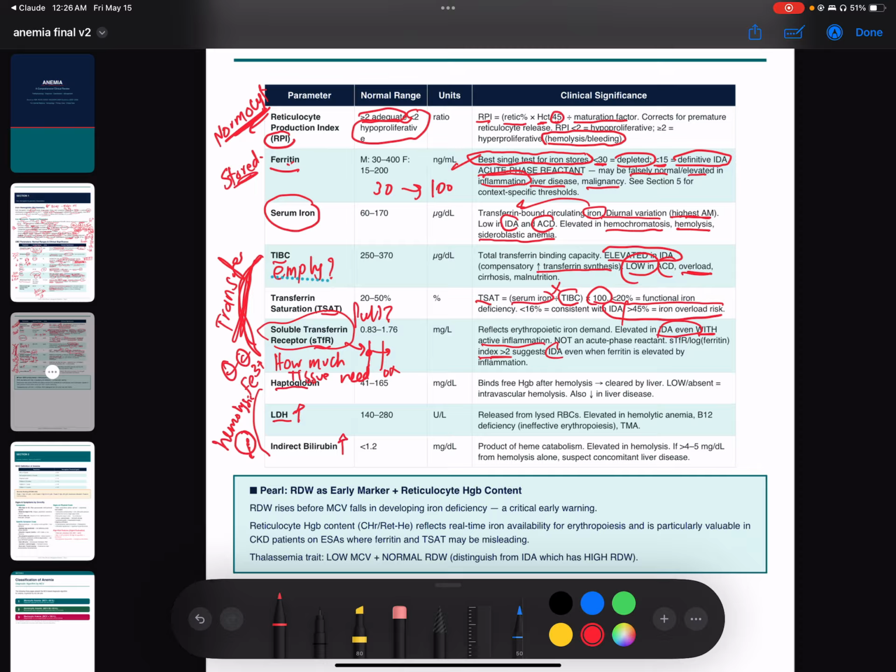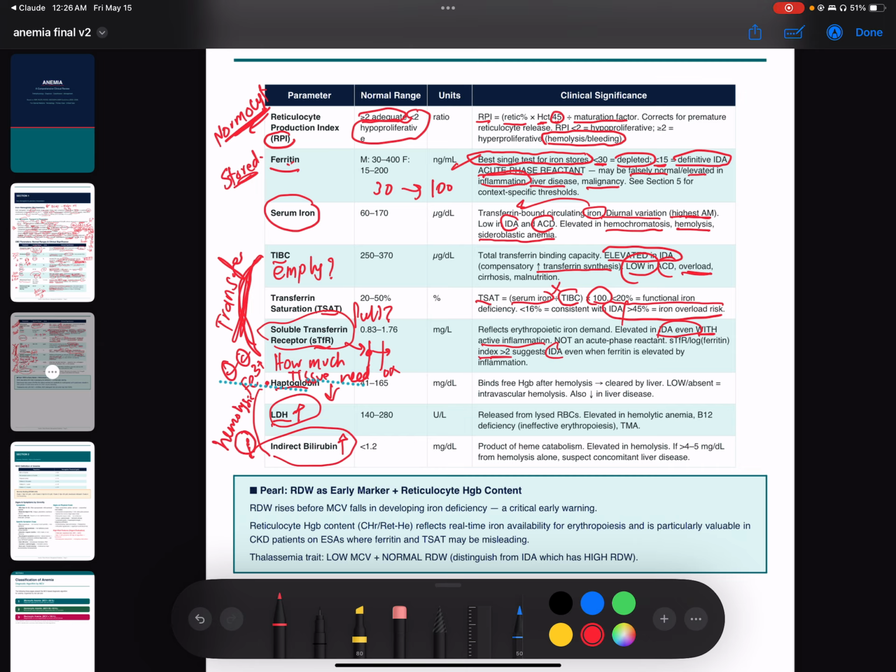Also, haptoglobin is a protein that binds to the free hemoglobin after hemolysis. So if you have lysed or broken RBCs, you will have high LDH, high indirect bilirubin, but low haptoglobin. And this is a very, very sensitive marker for hemolysis.